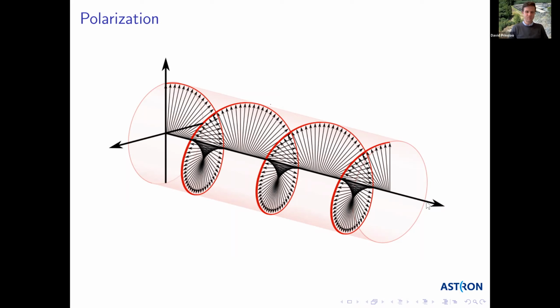And of course, polarization is extremely important, because if you have one antenna that's polarized, let's say vertically, and you have another antenna that's polarized horizontally, you are not going to couple any power from the one into the other. They need to be copolarized. So it is very important to take polarization into account when you design antennas.